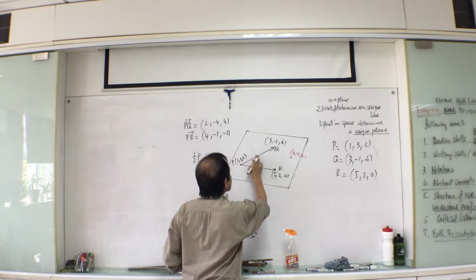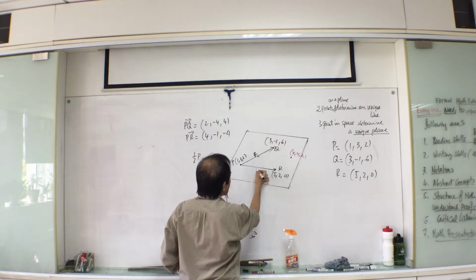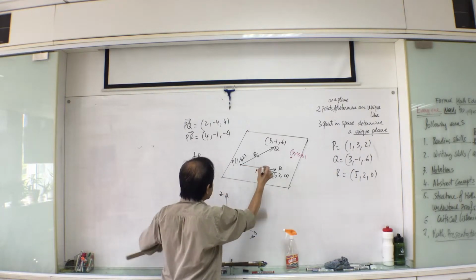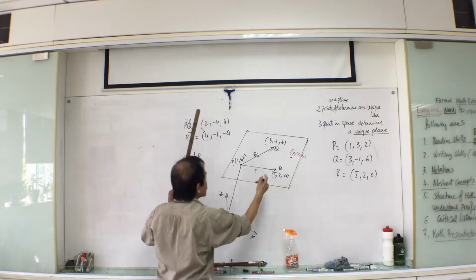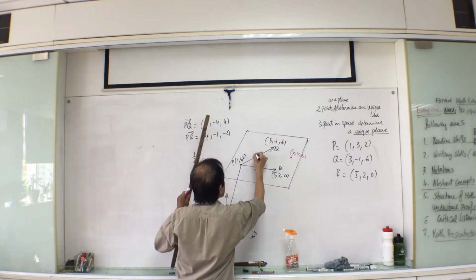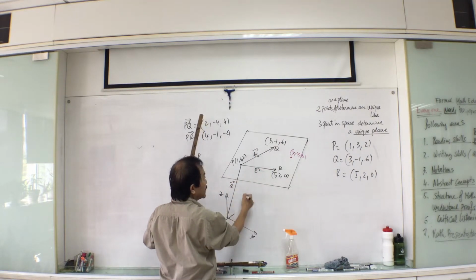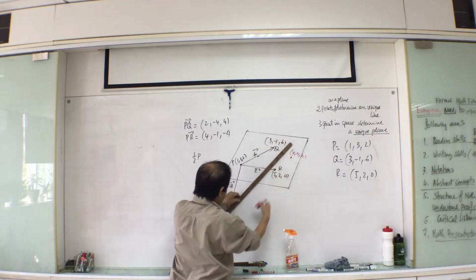Let me make the names: vector Q and vector R, small r, and this one vector P here. Oh no, the R I reserve for that one. So let's make this one B, vector C, and vector A. So any point here we can write as the vector R.